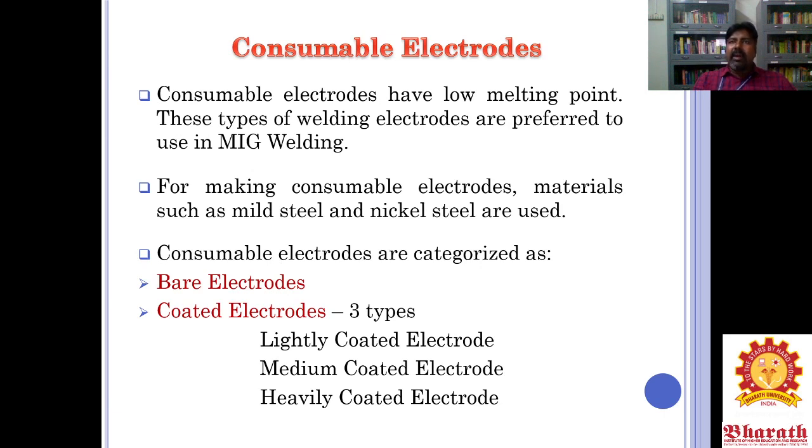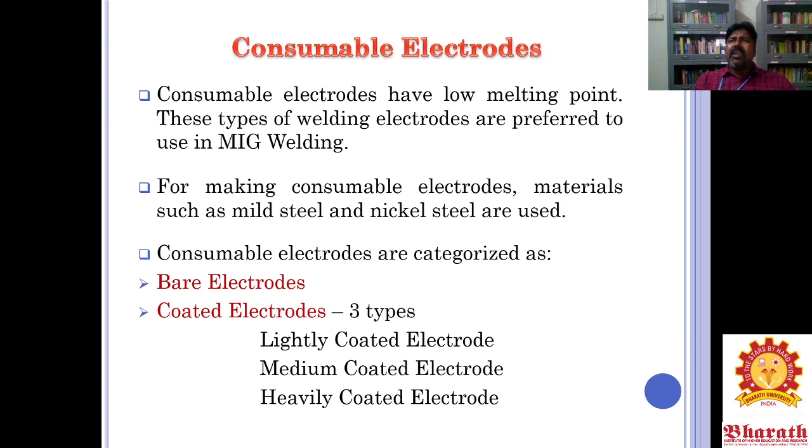The coating used is composed of ionizing, oxidizing, gas generating, slag forming, alloying, and binding materials, and the weight of such coating is around 15 to 30% of the electrode weight. So it is a very good electrode.